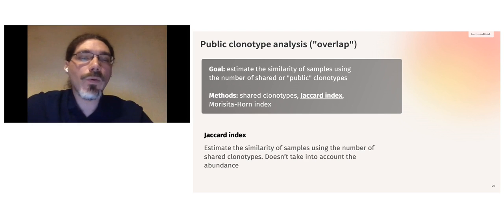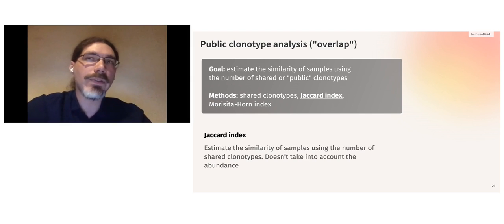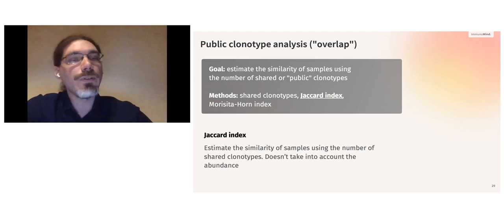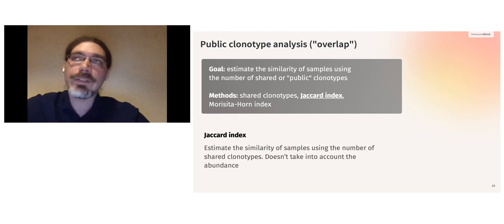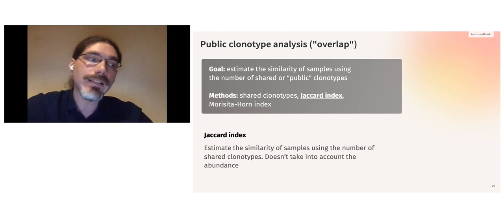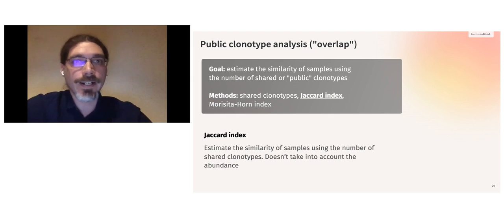The shared clonotypes works greatly when you downsample your data, when the data is comparable, but it's still not a statistically correct way to do such type of similarity analysis. So what you want to do is to apply the Jaccard index. The Jaccard index estimates the similarity of samples using the number of shared clonotypes, but also it normalizes by the data volumes.